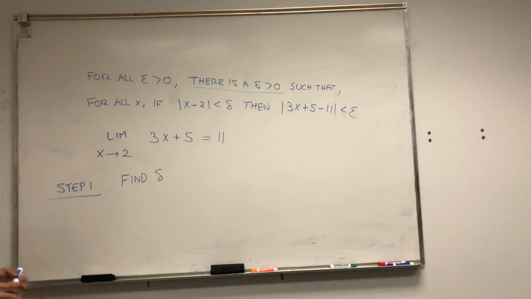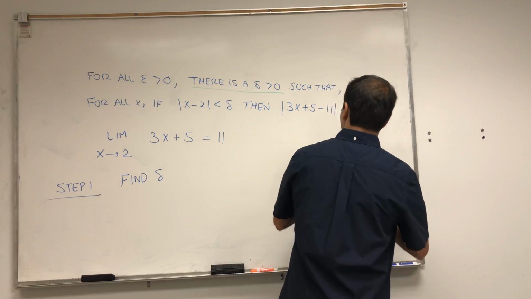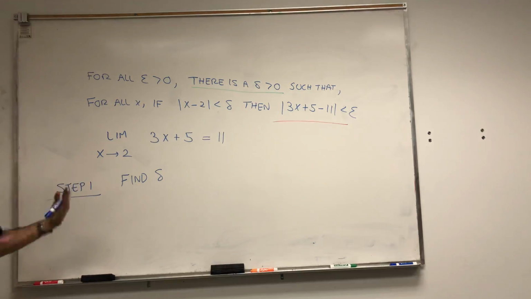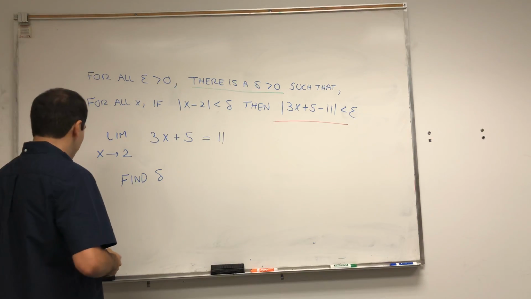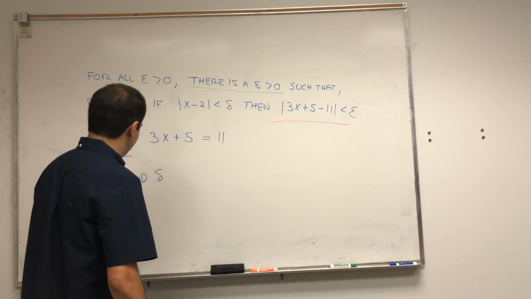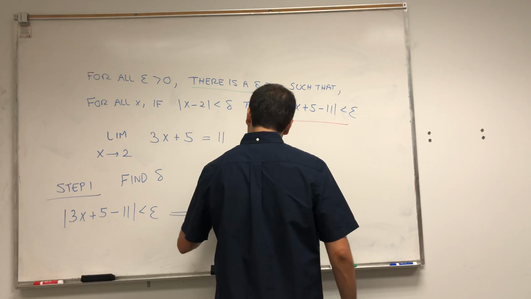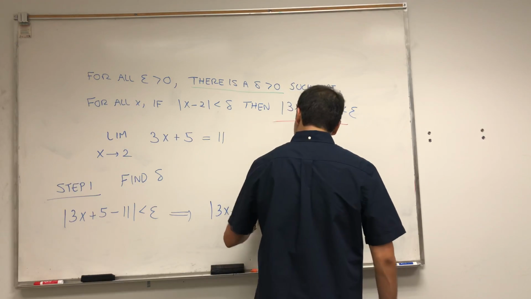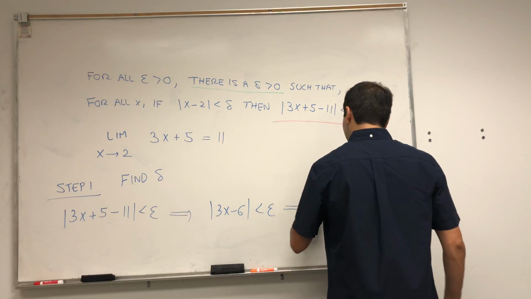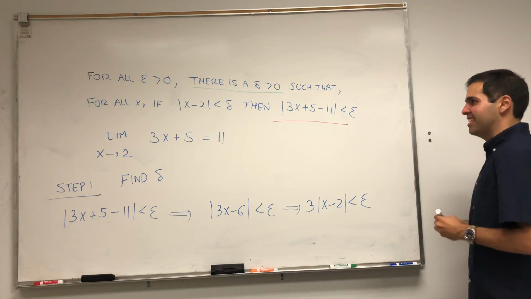To find delta, you want to use this formula here. Somehow from this, you want to fish out your delta. It's not clear why this is true, but remember, that's just the first draft. So absolute value of 3x plus 5 minus 11 less than epsilon. Just calculate this. So 3x minus 6 is less than epsilon. Notice a 3 pops out, so you can factor out 3. So 3 times absolute value of x minus 2 is less than epsilon.